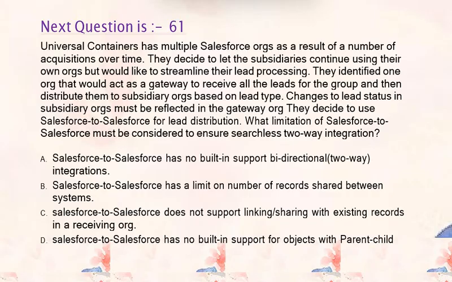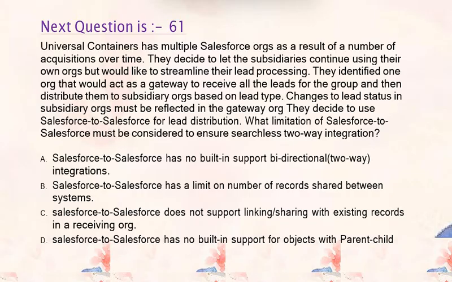What limitation of Salesforce to Salesforce must be considered to ensure seamless two-way integration? Option A Salesforce to Salesforce has no built-in support for bidirectional two-way integrations. Option B Salesforce to Salesforce has a limit on the number of records shared between systems.